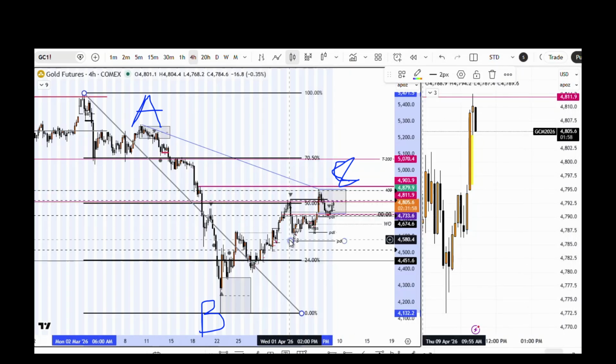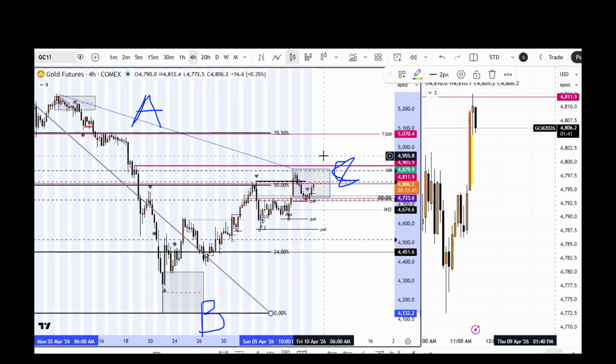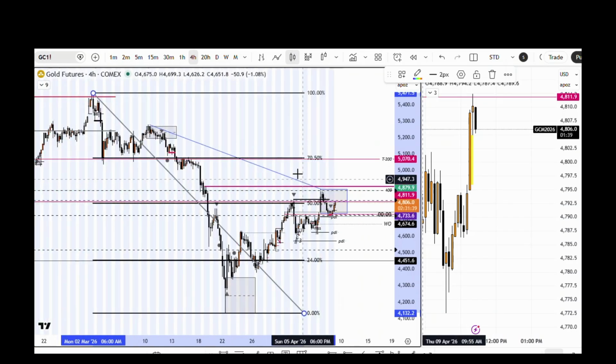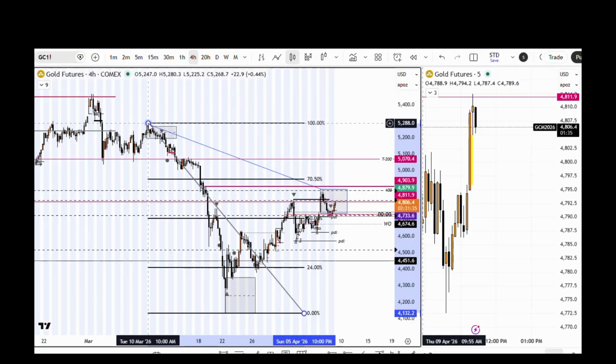Now, I use all fibs, disclosure, but for beginners, I say use this level because this is your kill box. So this is where I'm hunting for trades between the 50 and the 70 level. So you can use this point or this point. Okay, so any one of them is good.